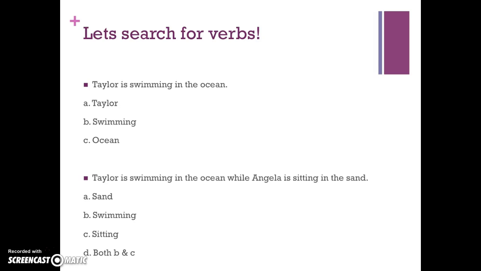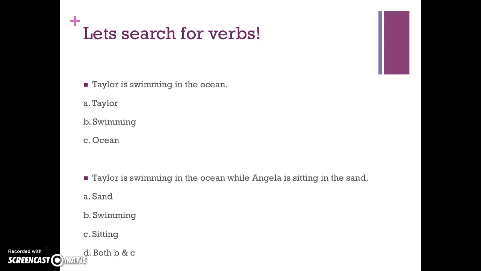Next, we have Taylor is swimming in the ocean while Angela is sitting in the sand. Is the correct answer A, sand, B, swimming, or C, sitting, or D, both B and C? Now, looking at these answers, we know that sand cannot be right because sand is a thing, making it a noun.